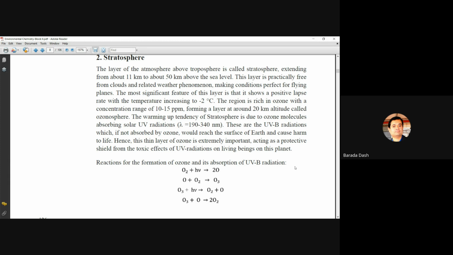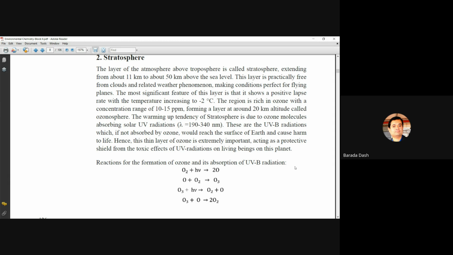Before they reach the Earth, they are filtered at the ozonosphere, or stratospheric level, by the ozone molecules before they come to the lower atmosphere or troposphere. So that is extremely important. The thin layer of ozone acts as a protective shield from the toxic effects of UV radiation on living beings on this planet.